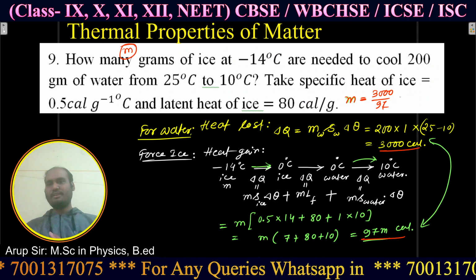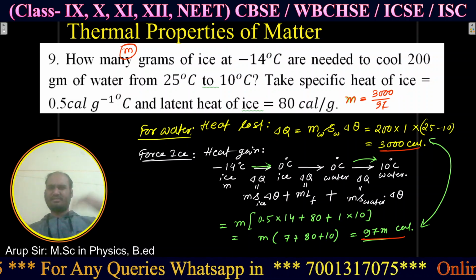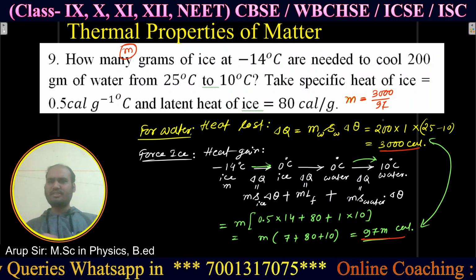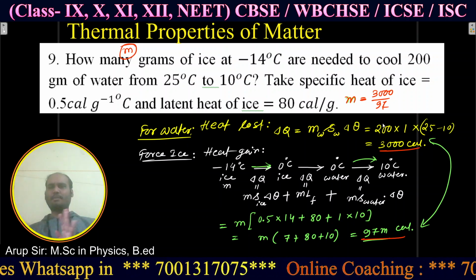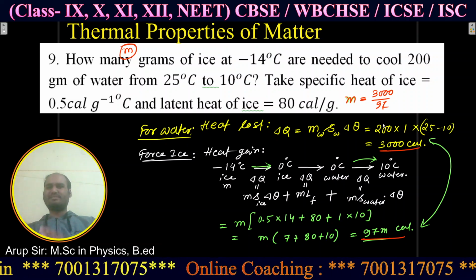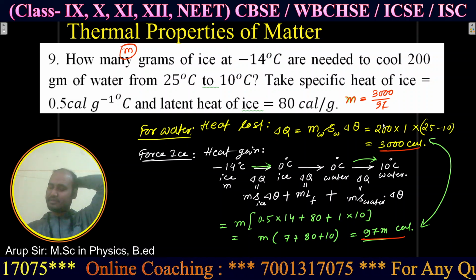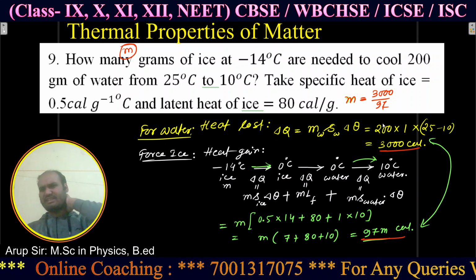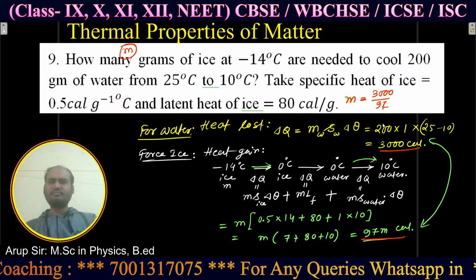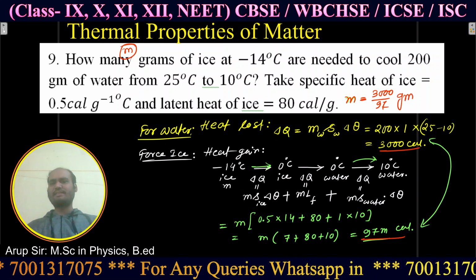The answer will be above 300 gram, obviously in gram unit. Not 100, sorry, 300. Something like 30, 31, 32, we will get as the answer, because 97 is close to 100. You can just calculate it and you will get the answer in gram unit.